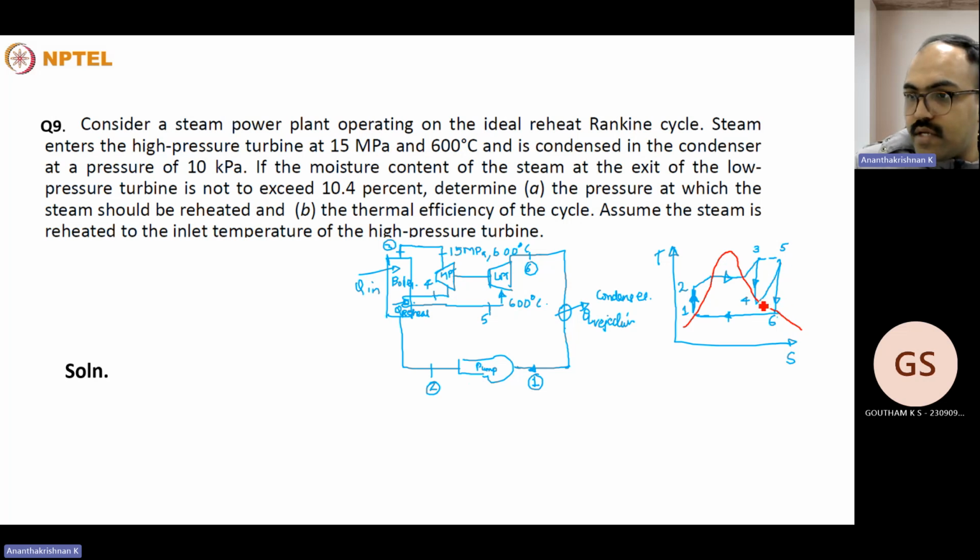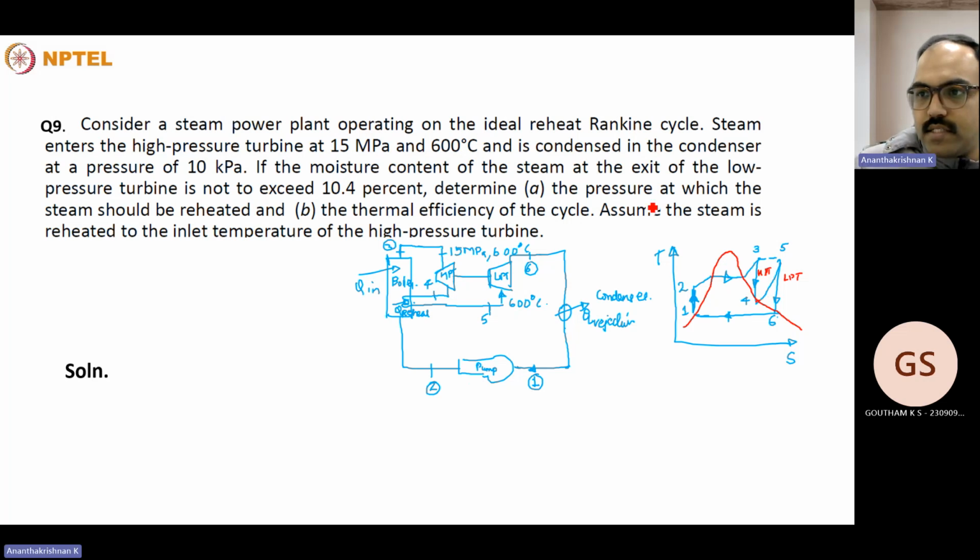So it need not come to the saturation condition as such. But normally we expect this to reach the saturation condition and then come back. We have to check whether the exit of the steam in the high pressure turbine will be superheated or at saturation condition. So this is just for demonstration, as a representation.